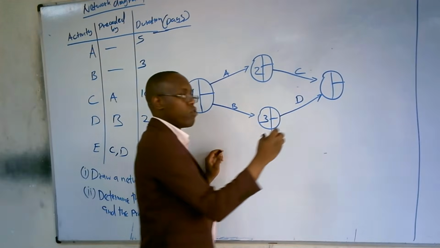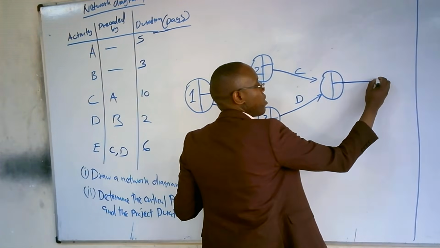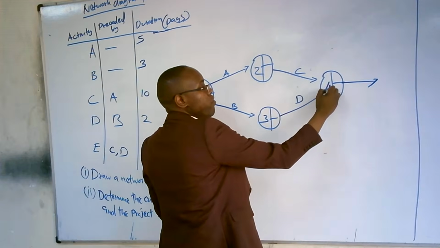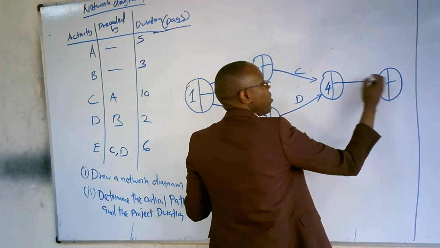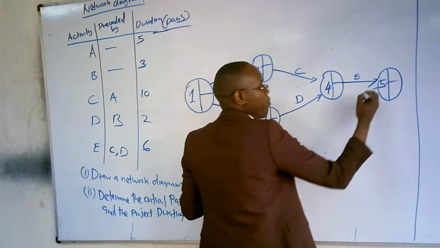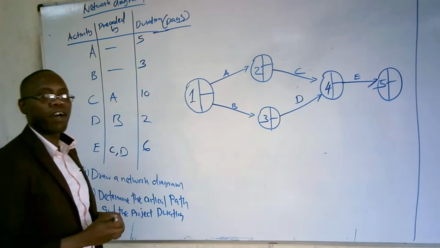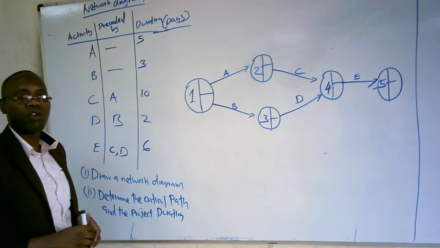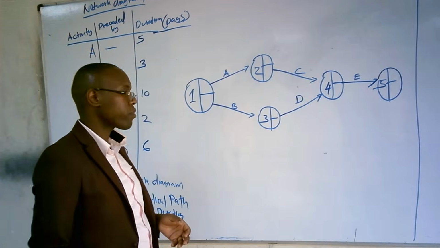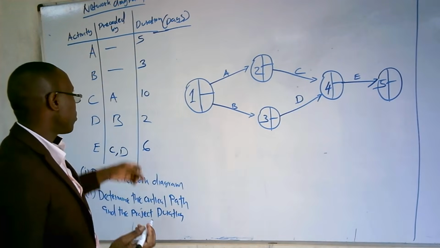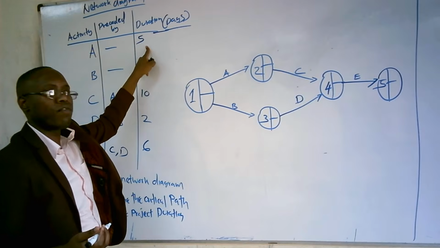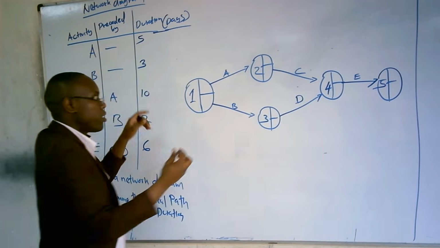So we're going to draw our activity E. This was node number 4, and then for activity E, this is going to be node number 5. That's going to be node number 5 there. So we were given the duration. You can see that for activity A, the duration is 5.